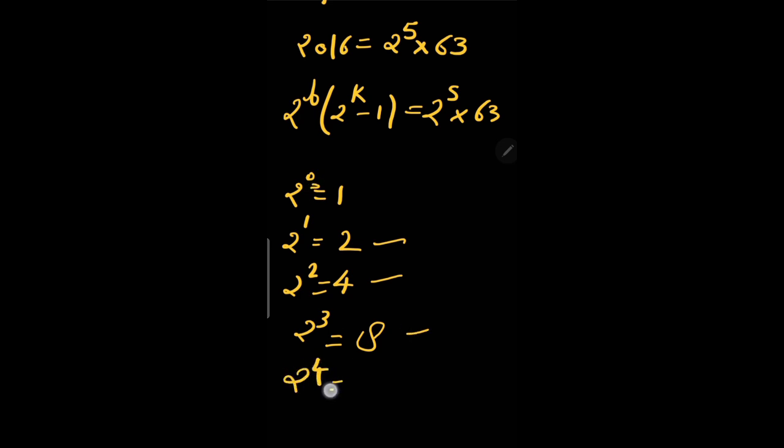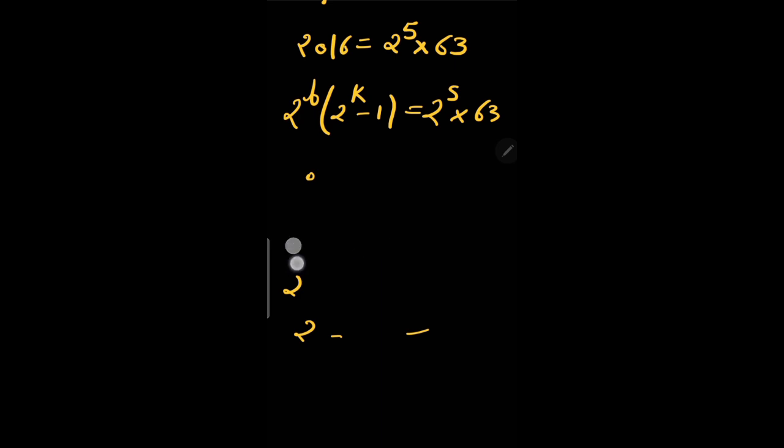For all the rest, you always get an even result. So an even number is possible when the power is greater than 0. And we have two numbers here. The first number is 2 raised to 5, which is even because the power is 5 for the 2. And the second one is an odd number. This is even, this is odd.